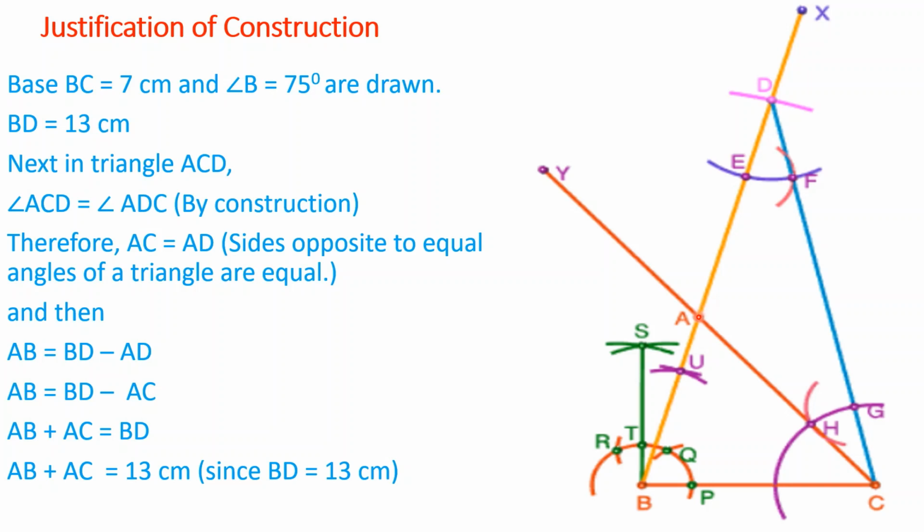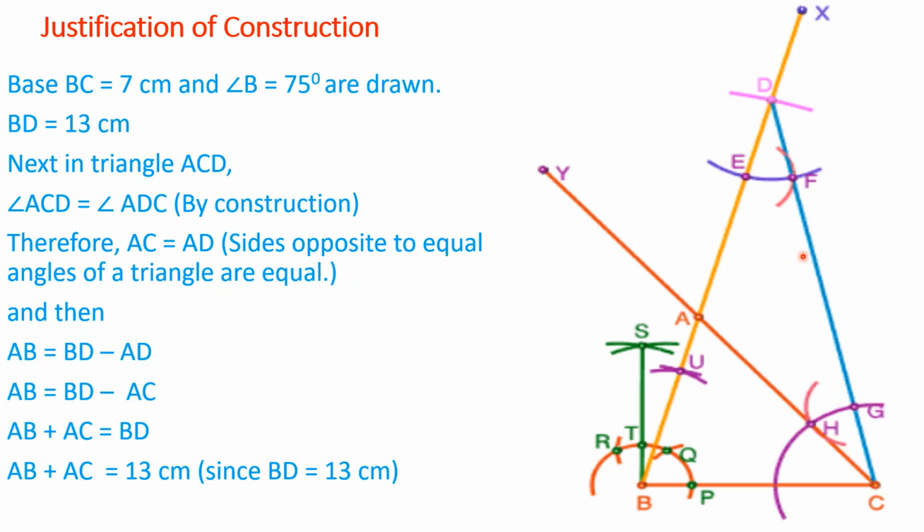Now children, see in this triangle ACD, there are three sides, that is AC, CD and DA, and three angles, obviously angle A, angle ACD and angle ADC. With construction, we have made these two angles equal, angle ADC and angle ACD.